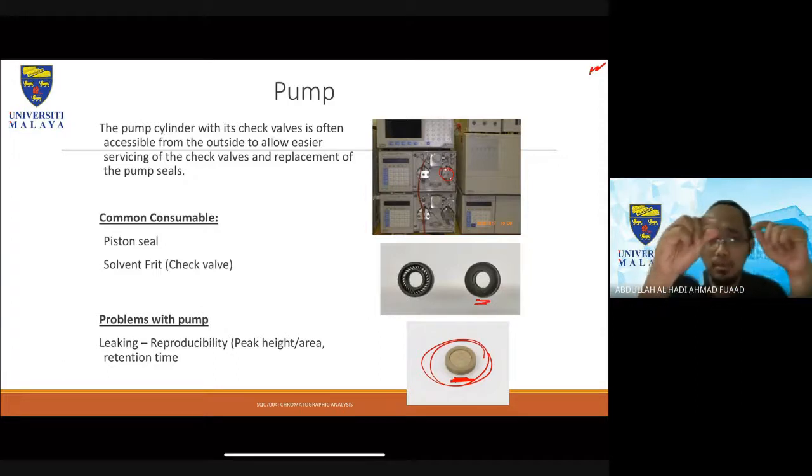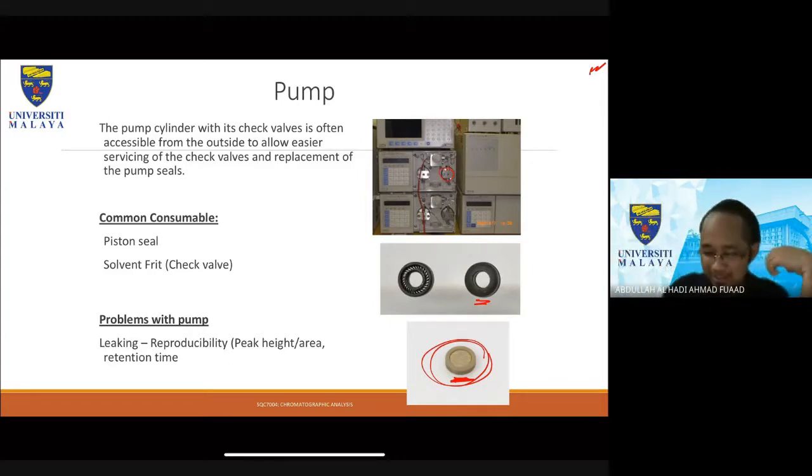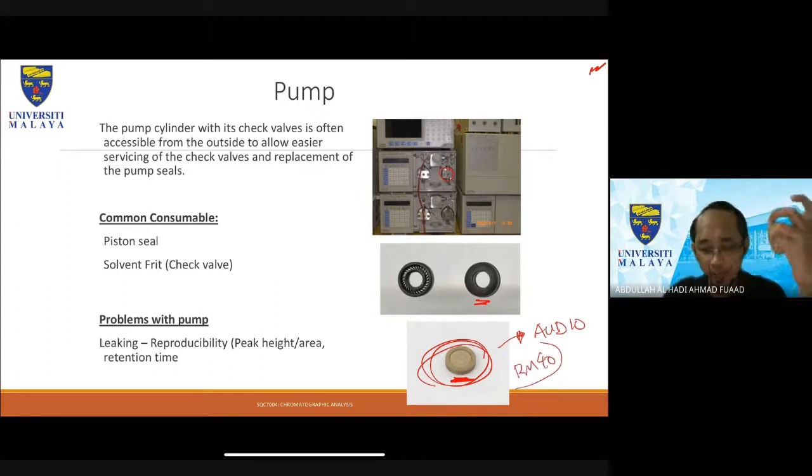So it's very tiny, very small, and very expensive. One of that last time when I replaced it cost Australian dollars 10, so about 40 ringgit, so to say.